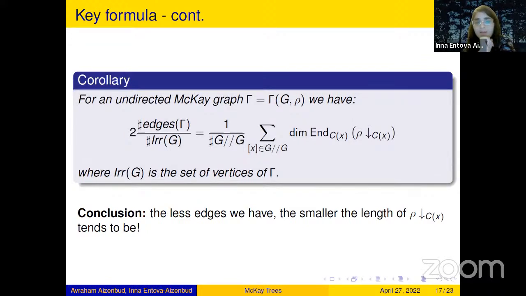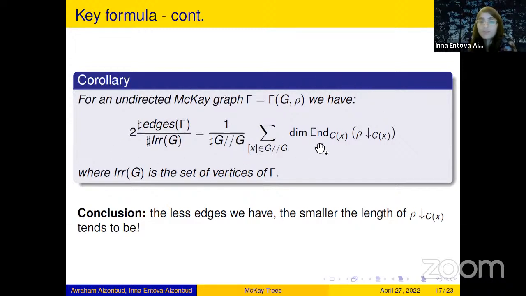If we take the equality above and we divide both sides by the number of irreducible representations of G, which is the same as the number of conjugacy classes in G, then we see that 2 times the ratio of edges in our graph to the number of vertices in our graph is the average of the dimension of this endomorphism space, which means the following. If we have a graph which is connected but has very few edges, then the left-hand side is pretty small.